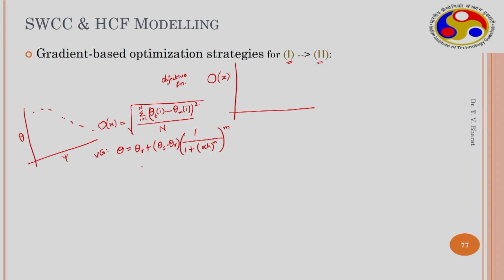Here we assume one set of α, m and n. You can also write it in terms of a, as a psi or psi by a. This can be written in the form θr plus (θs minus θr) times 1 over (1 plus (ψ/a) to the power n) whole power m.